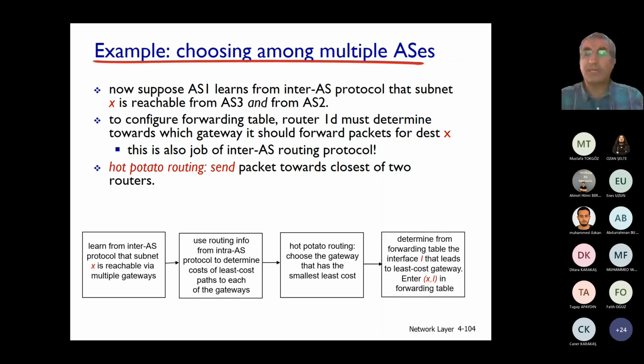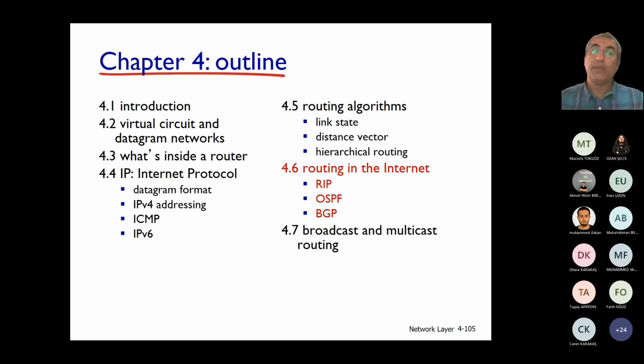After this selection, you determine from the forwarding table the interface 1 that leads to the least cost gateway, and you enter (X, 1) in the forwarding table. That's the summary of this example. This is the hierarchical case when it comes to practice.